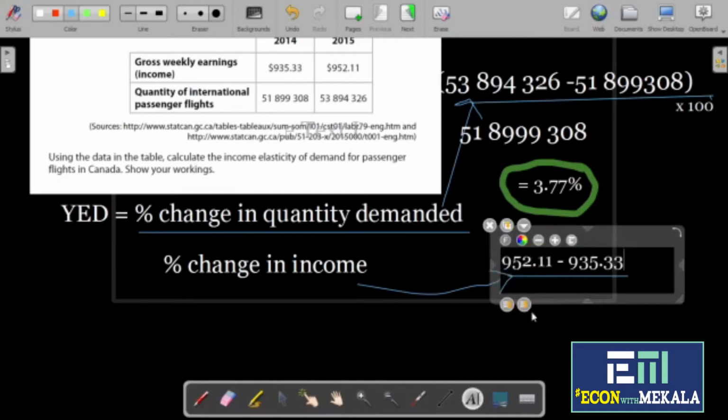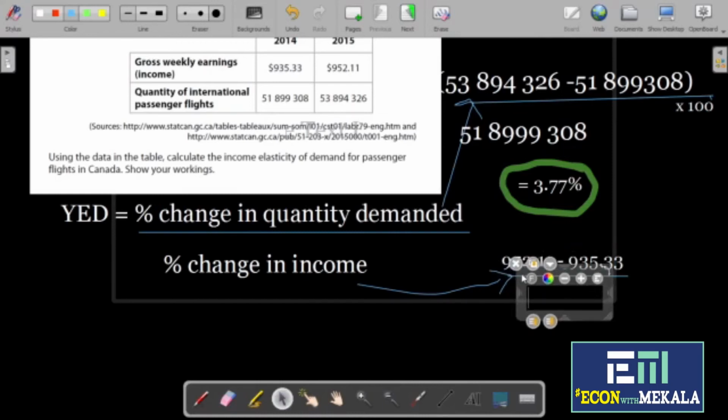So that is divided by 935.33, multiplied by 100.